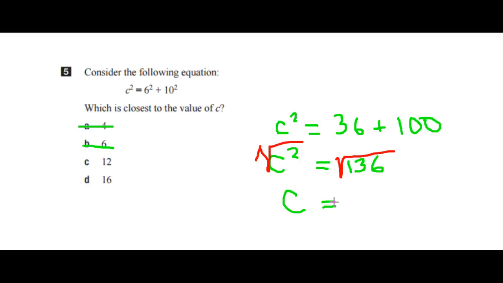The closest value is going to be 12 here, because my answer ends up being actually 11.66. If I round that to the nearest whole number, the closest value is 12. And there it is. Those are a few reminders of how you might see questions in EQAO and how you might solve them.